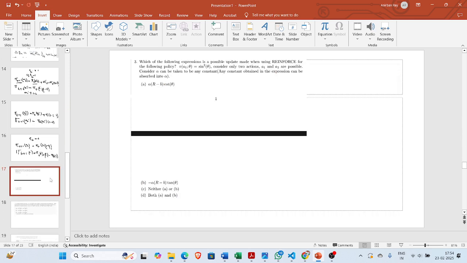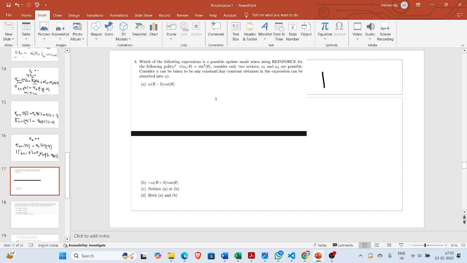Let's do the other problems here. This is question number 3, another REINFORCE problem. Which of the following is a possible expression for an update made when using REINFORCE for the following policy?